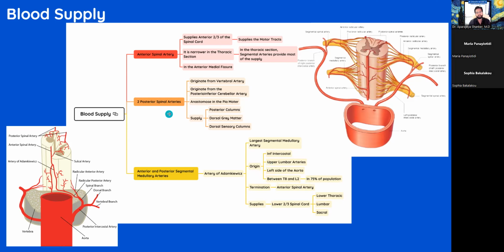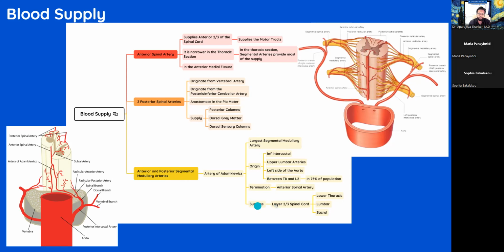That means its length is somewhere from T8 to L2, and it terminates entirely at the anterior spinal artery. So it in itself gives us some small branches here and there to supply the anterior section of the spinal cord, right? But it will also give us some of the smaller collateral branches, and it ends at the anterior spinal artery at T12 to T8, right?